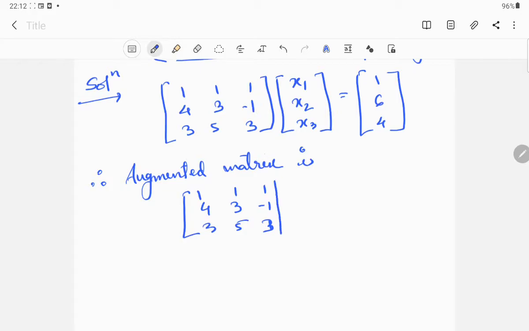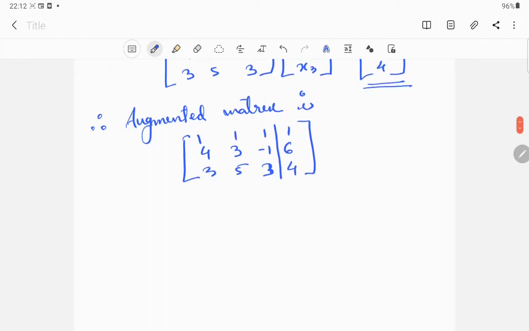Augmented matrix means we put this 1 6 4 alongside. So now we are going to do some transformations. The first transformation is going to be like this.